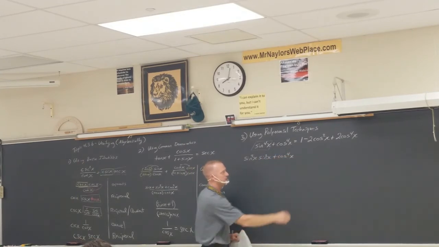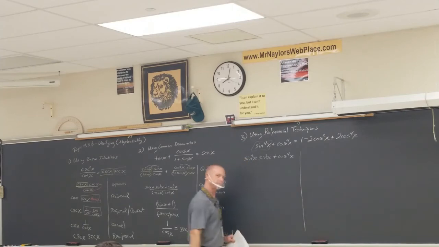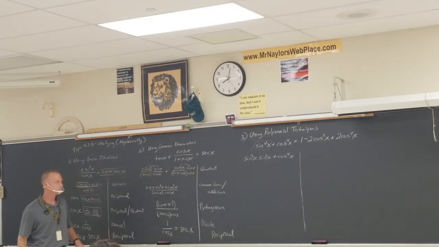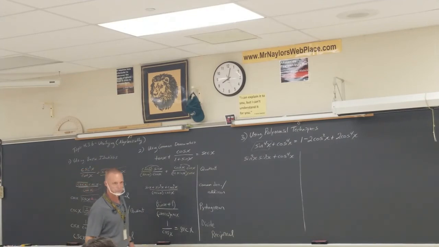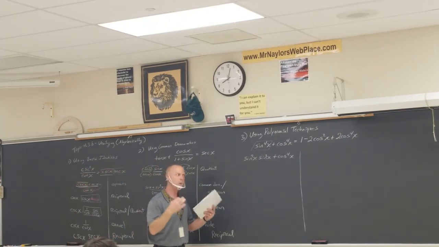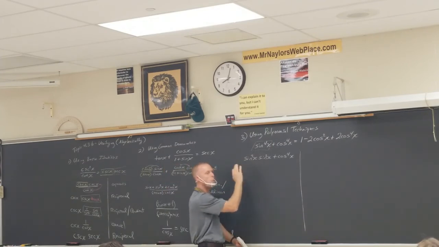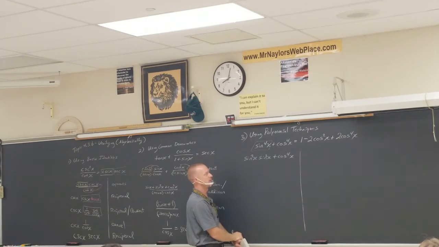Now, why would I change it to sine squared, sine squared? Go ahead, Brendan. Good. It's a cosine squared. These are equal to cosine squareds. Like Brendan said, 1 minus cosine squareds.